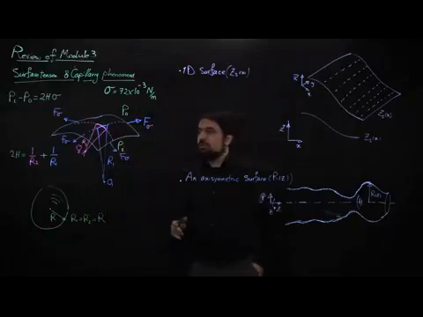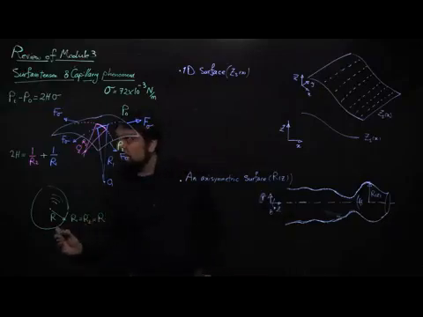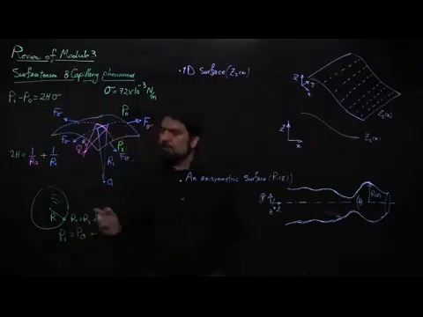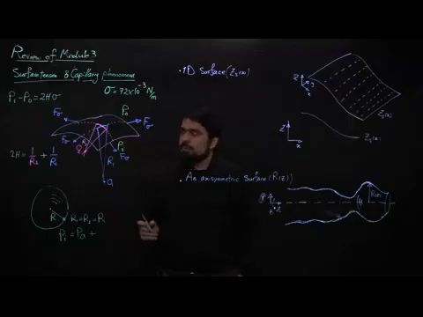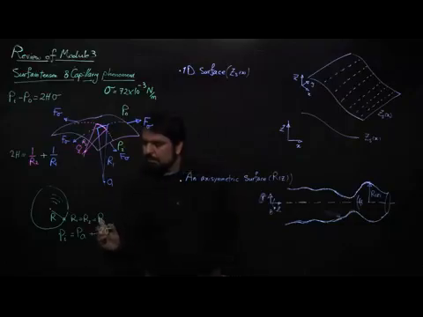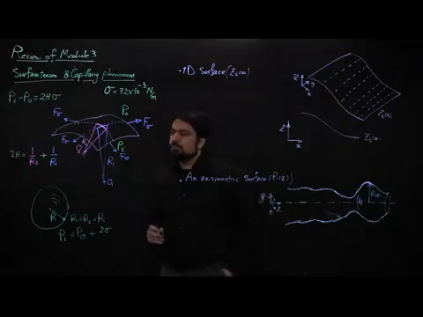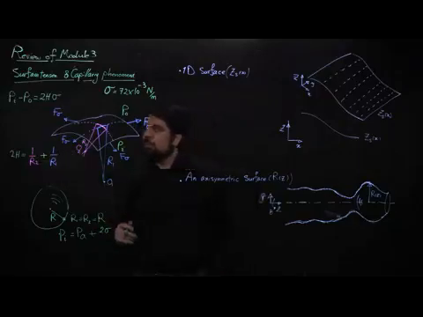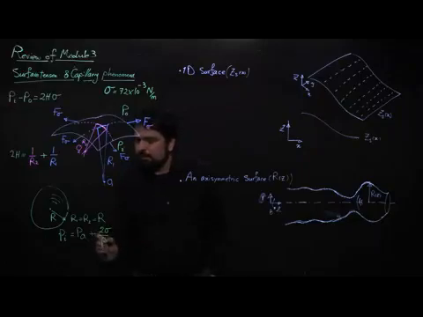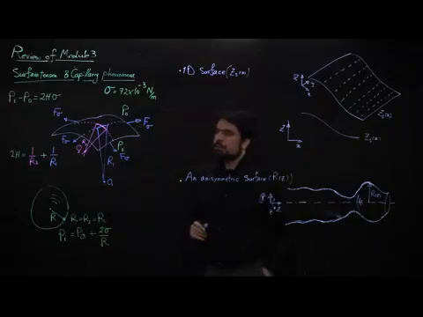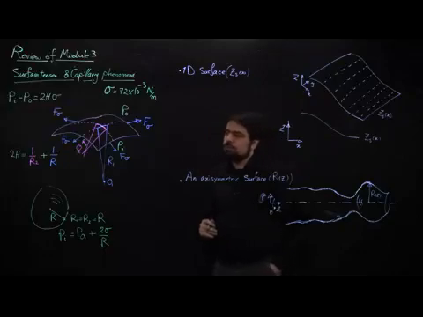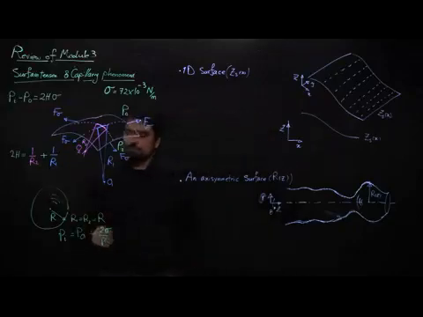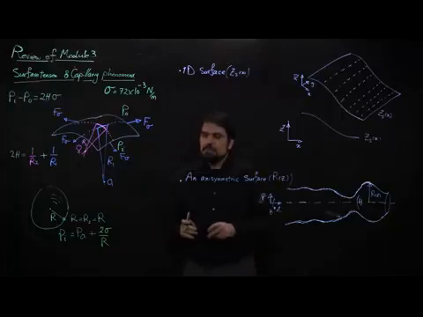Then your jump of pressure would be simply P inside equals P outside, which is P ambient, plus 2 sigma over R. So you basically have 1 over R1 plus 1 over R2, which is your 2H, being equal to 2 over R, and you multiply it by sigma. Your pressure has increased by 2 sigma over R.